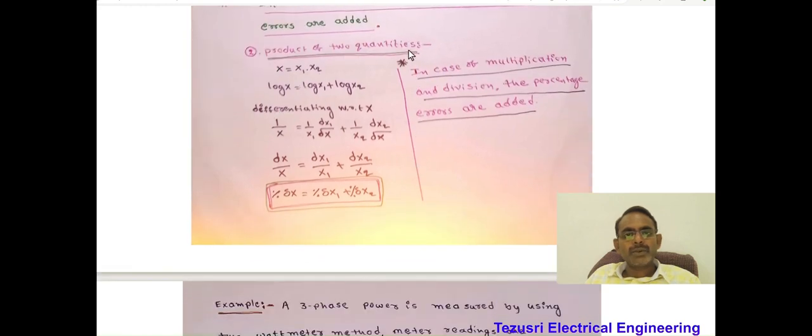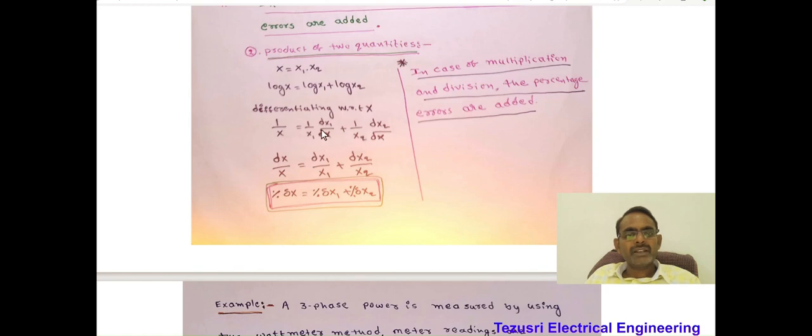Next, the product of two quantities, x equals x1 into x2. Here we apply log x equals log x1 plus log x2. Differentiating with respect to x, we get 1 by x, equal to 1 by x1 dx1 by dx plus 1 by x2 dx2 by dx.